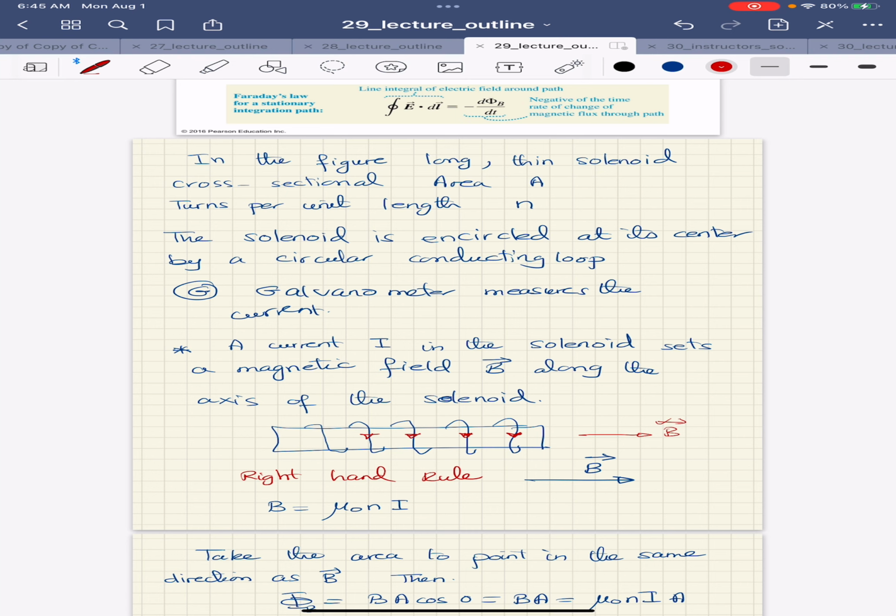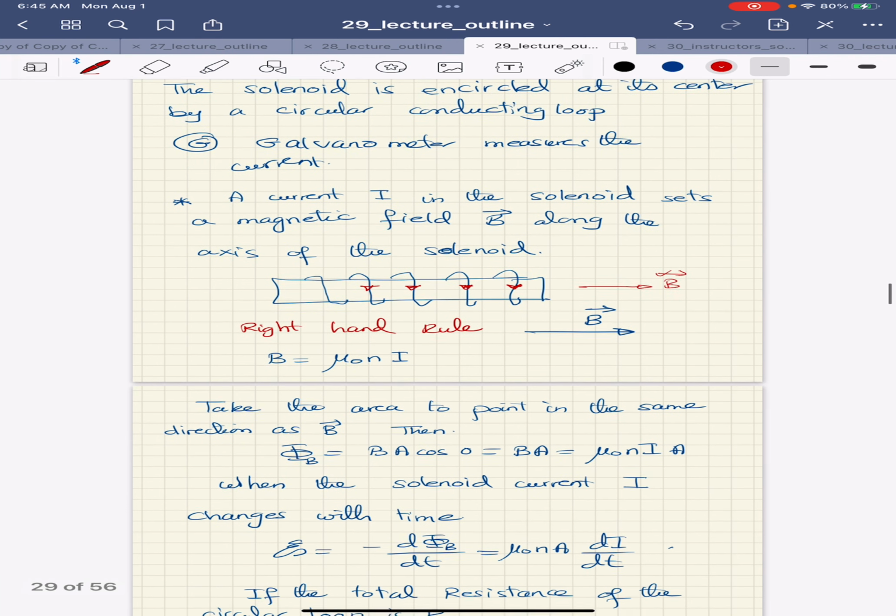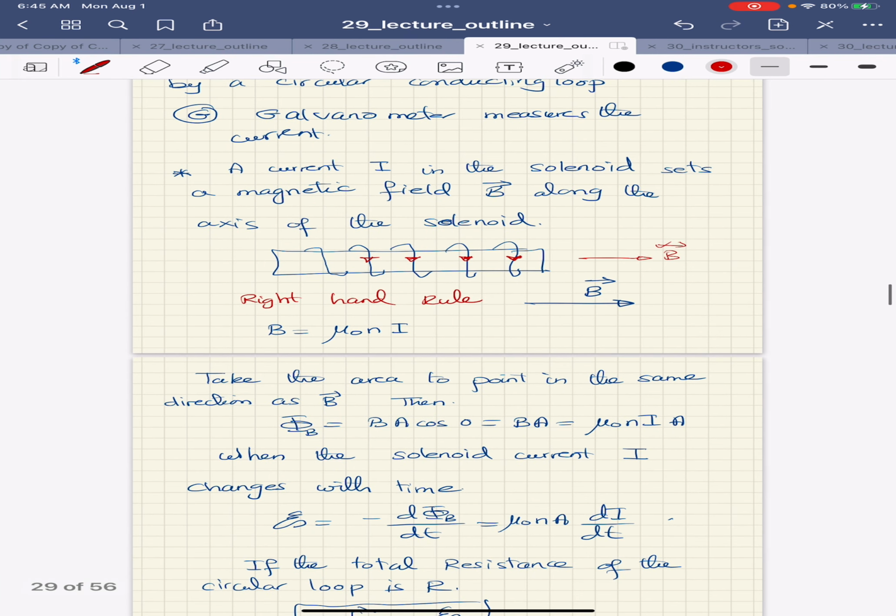If we take the area to point in the same direction as B, then the flux Phi B is BA cosine 0, and from that we conclude that the magnetic flux of the solenoid is mu 0 n I A. When the solenoid current changes with time, the rate of change of flux is mu 0 n A times dI over dt, since A is not changing.